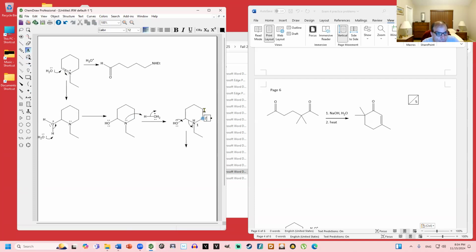Atoms 2 through 5 are just CH2s. And then atom 6 is this carbon atom. And that's going to break open the ring and give us a linear compound.